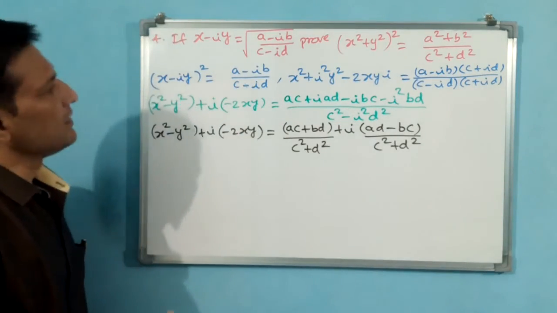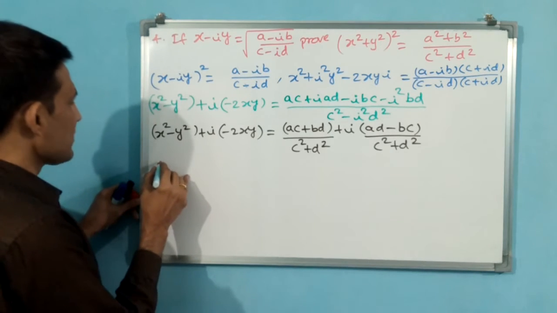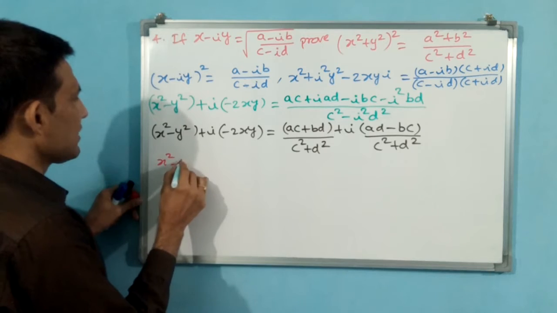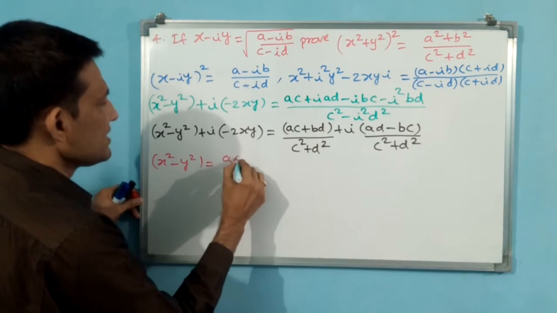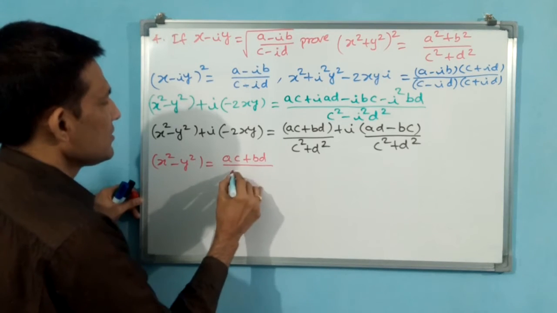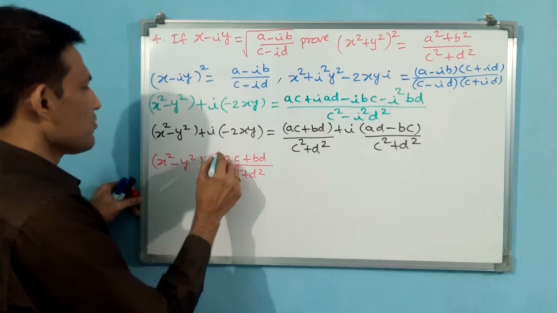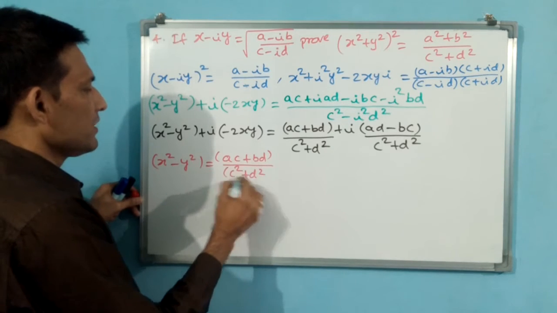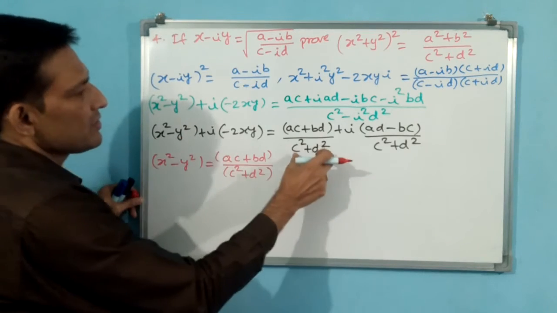Let us see how I am doing, you see. Now what I am going to write, you see, x square minus y square is equal to, this one I am writing, AC plus BD by C square plus D square. Is it okay? First you see, you put parenthesis if required. X square minus y square, this is the real part, this is the real part.